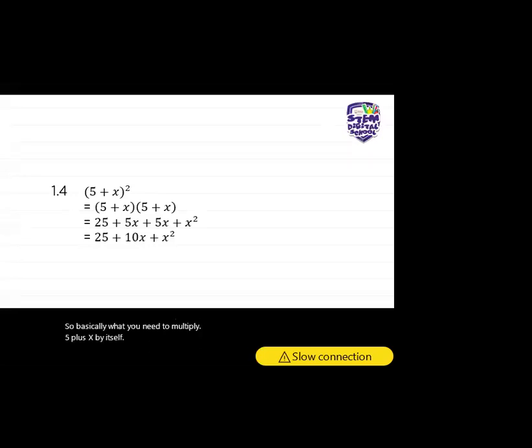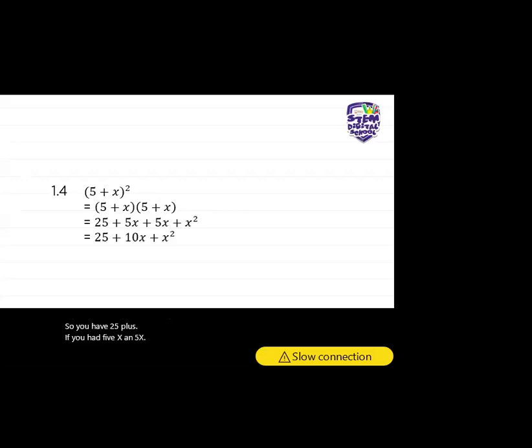So basically what you need to do is to multiply 5 plus x by itself. 5 times 5 is 25, and then 5 times x is 5x. Again, you multiply x by 5 to get 5x, and the last one will be x times x, which is x squared. So you have 25 plus, if you add 5x and 5x, you get 10x.